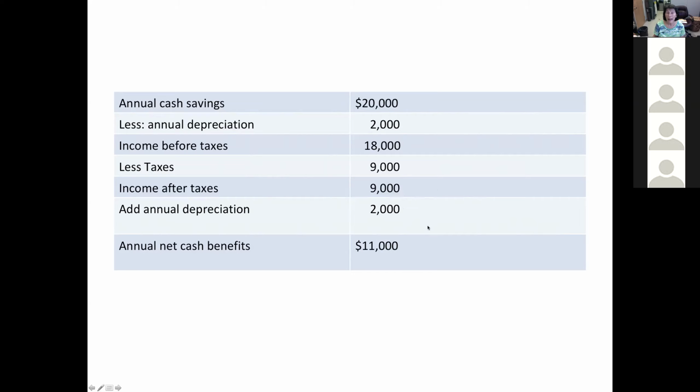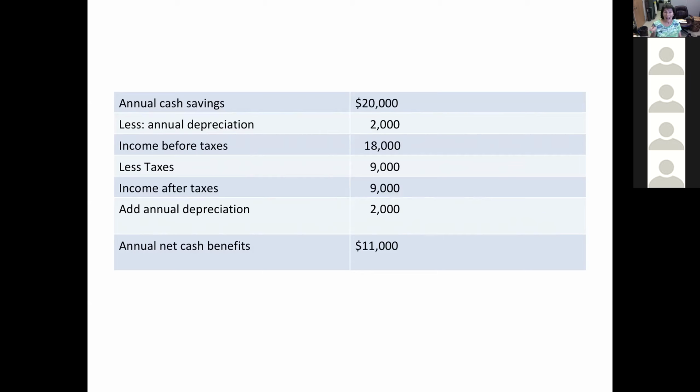Then we add back in our annual depreciation, because that was up here, we subtracted it, but we'd already spent the money. So why are we acting like we spent this cash? We've already spent it. So we add it back in, and we come up with an annual net cash benefit of $11,000. What did the machine produce for us? $20,000 a year.